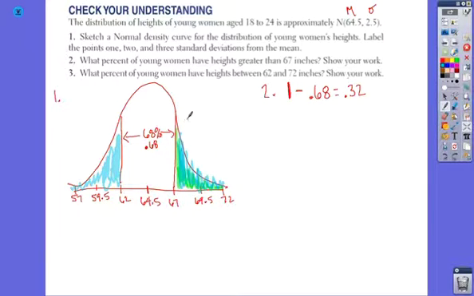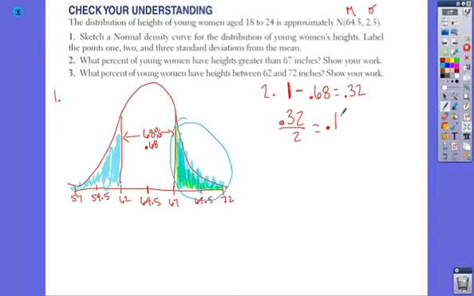I'm only concerned about this. So what I need to do is say 0.32 is going to be the blue parts added together. To get one of the blue parts, I know that these blue parts are going to be equal to each other because it's a normal curve and everything is symmetric. So I'm going to say 0.32 divided by 2 to give me one of the blue parts.